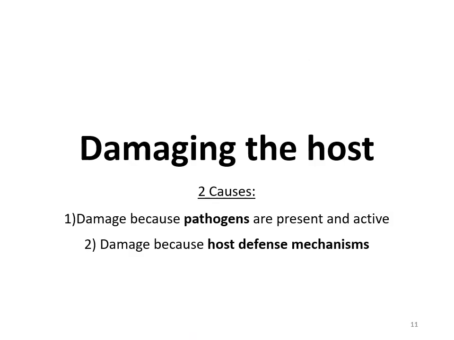Now, the last of the things we're going to mention today is how pathogens will try to damage the host, okay, damaging the host. Now, with damaging the host, there are two big causes.